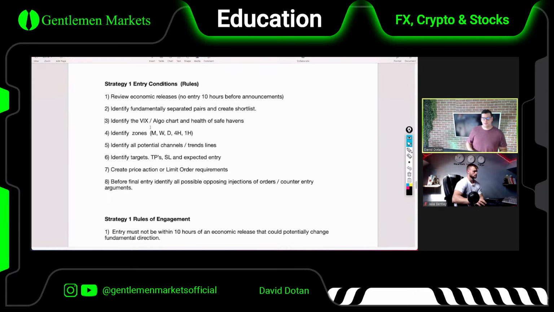That's where the chart comes from. Essentially what it does is it measures the fear factor in the market. If fear is high, so if the VIX is to the upside, we will see that the market has fear. And when there's fear, what happens to safe havens? Upside. When VIX is to the downside, that means there's low fear. That means there's high investment. That means safe havens are to the downside.